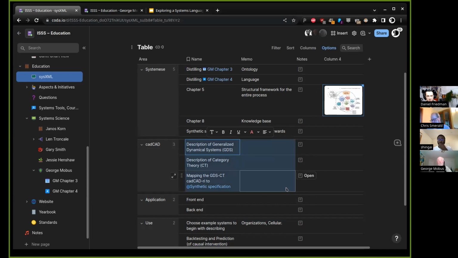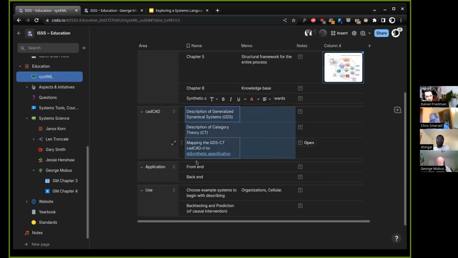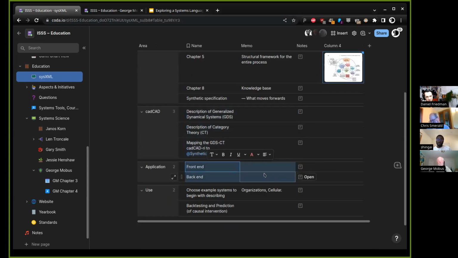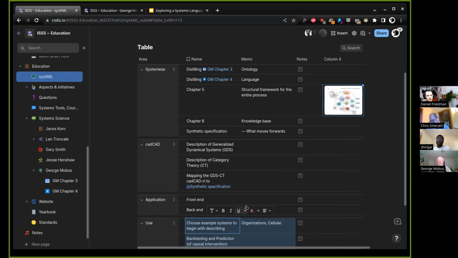This chapter were related to integration of dynamical systems and category theory with the executable aspects of CAD. This were standard front and back end development, and this were use case description and implementation. Do you think there are any other major areas or tasks?